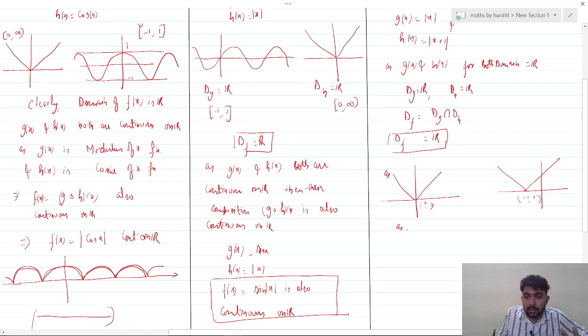Also we can observe that the modulus of x is continuous and mod of x plus 1 is also continuous, as we can draw the graph of the function without lifting our pen, or we can use the definition also.